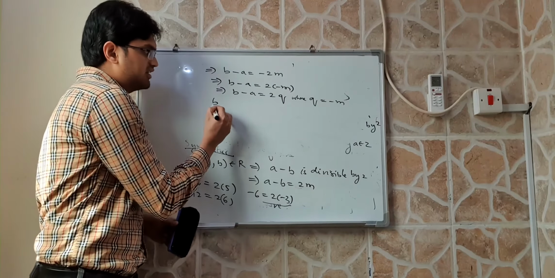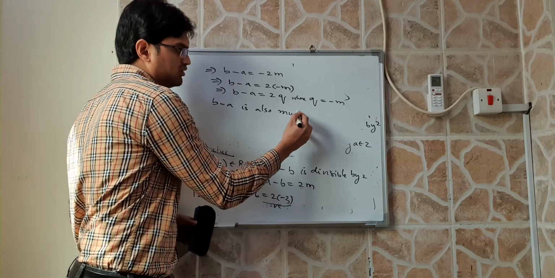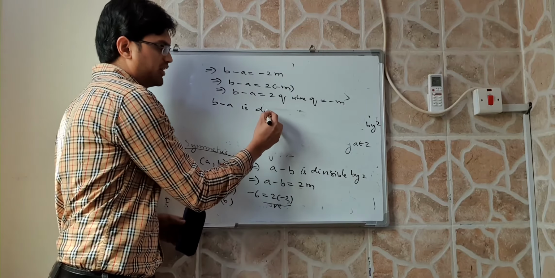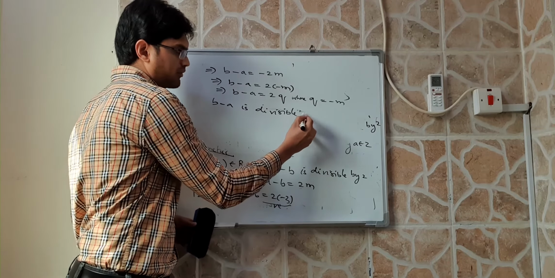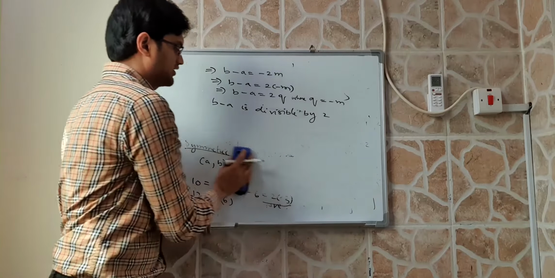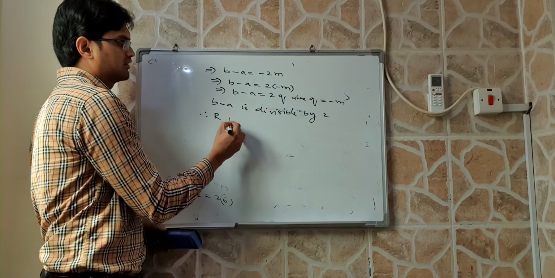Therefore, b minus a is also a multiple of 2, or divisible by 2. Therefore, R is symmetric.